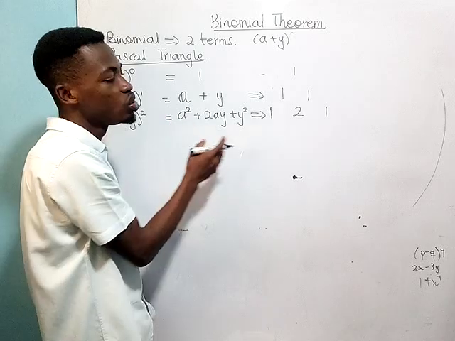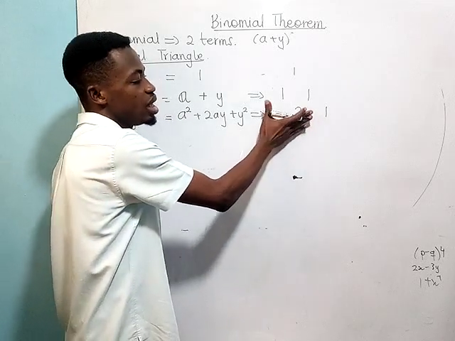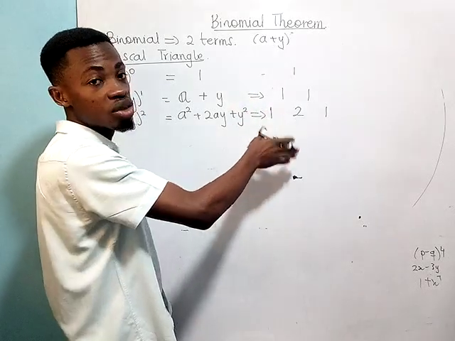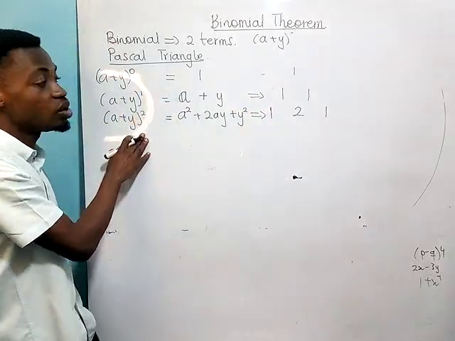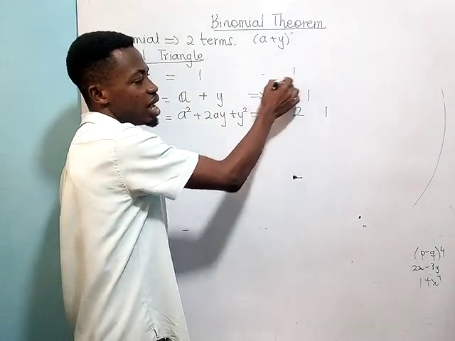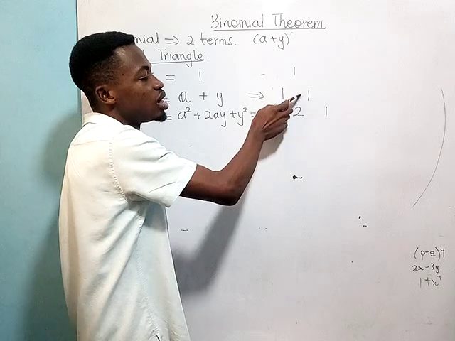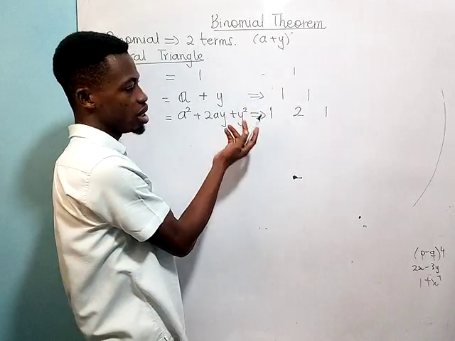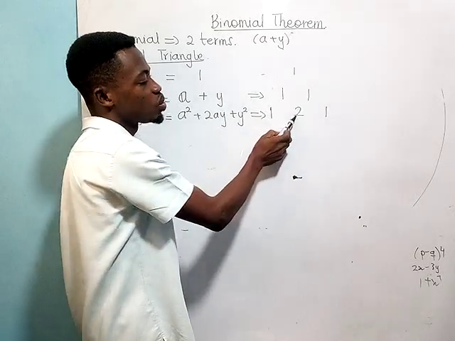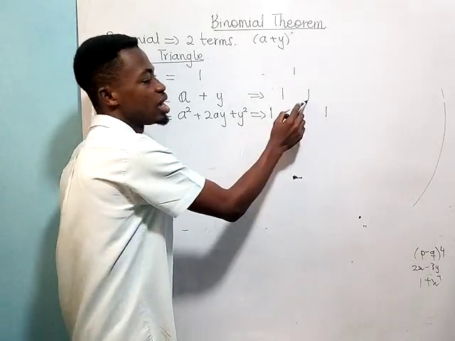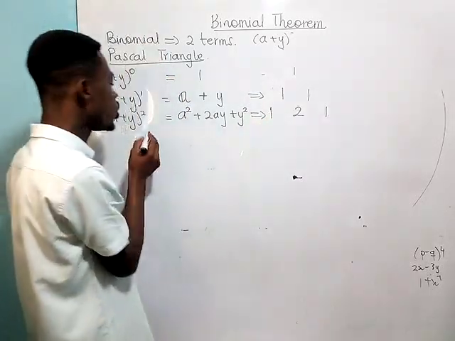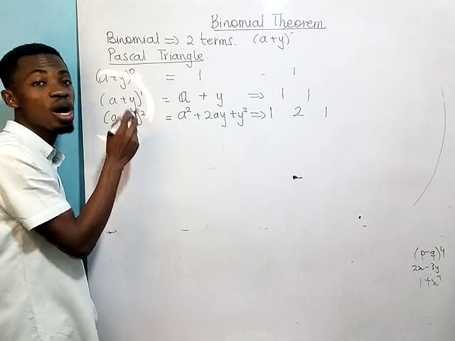For you to obtain the coefficients of each successive binomial, it is the repetition and the summation of the values in the row before. Here, 1 is repeated. 1 plus 1 gives us 2. Then this one too is repeated, giving us the coefficients of a plus y to the power 2.